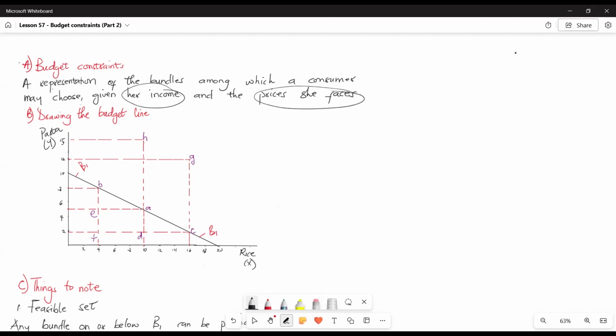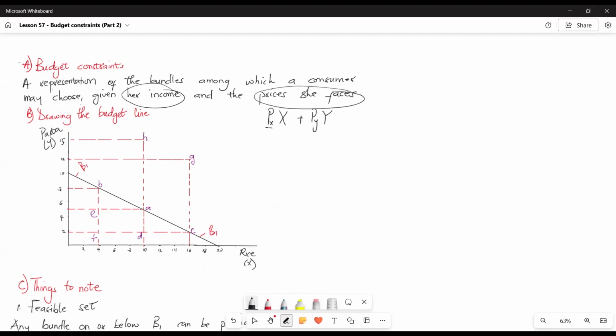Before we do that, we recall from our previous lesson that a typical budget constraint is written as the price of good X multiplied by the quantity of good X that a consumer buys plus the price of good Y multiplied by the quantity of good Y that a consumer buys.